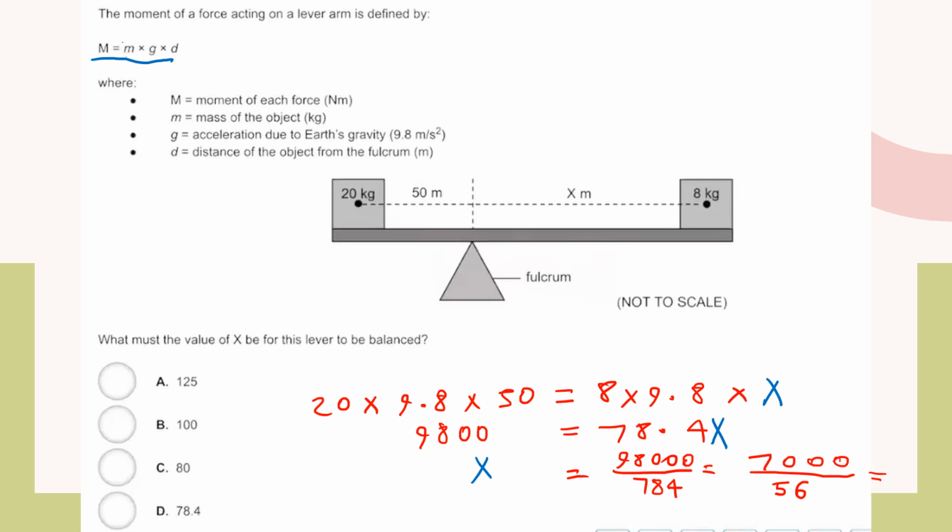Yep. If I simplify that, it's going to equal 1,000 over 8, which is also 125. So it equals 125, and that's why it's A.